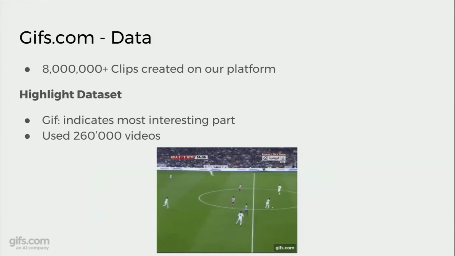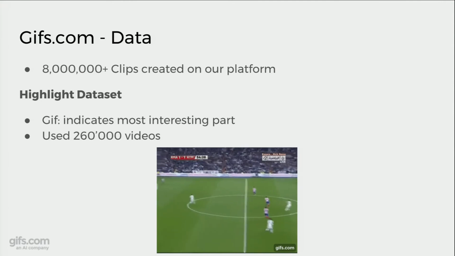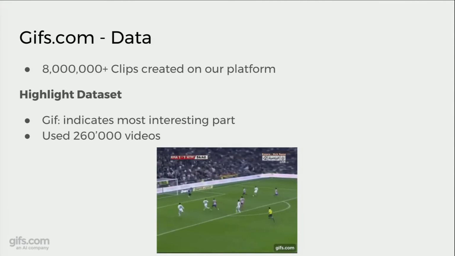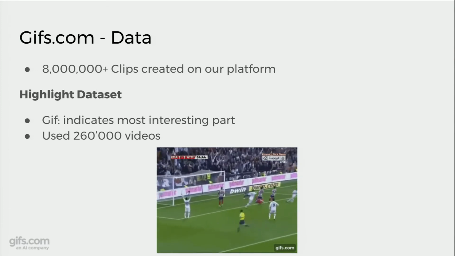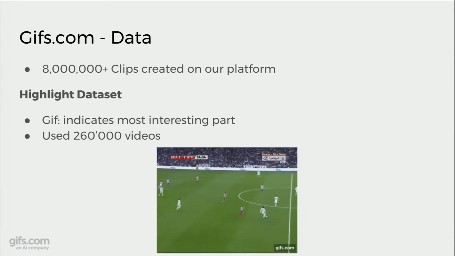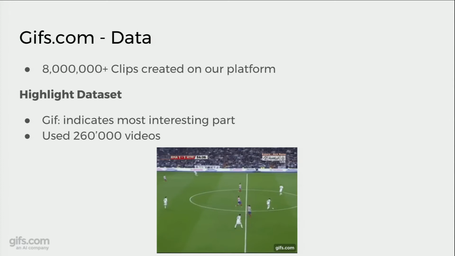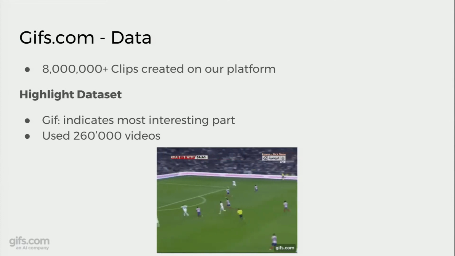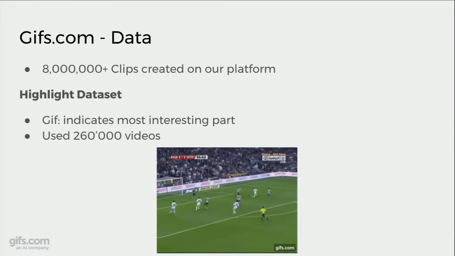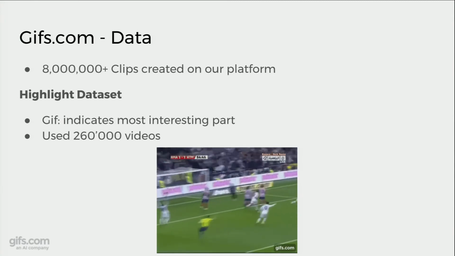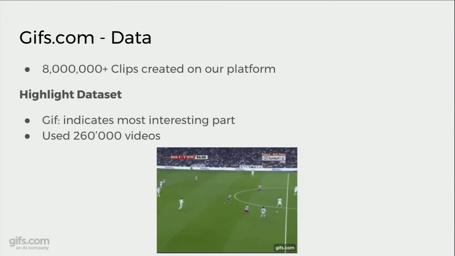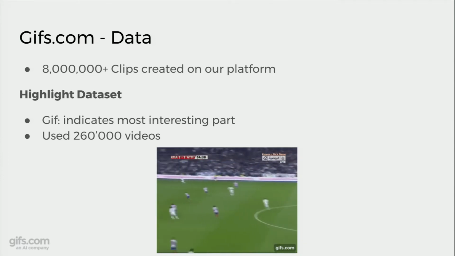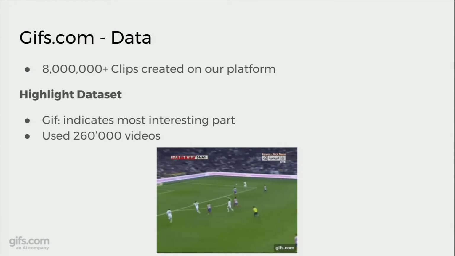A crucial thing, again, is training data, which is really a recurring topic, I guess, in deep learning. And it's something that we have at the company because we're a website to create GIFs from videos, typically from YouTube videos. So we have more than 8 million GIFs created from video. What GIFs really are is made from a human that tells us, hey, this is what I think is the most interesting part of the video.